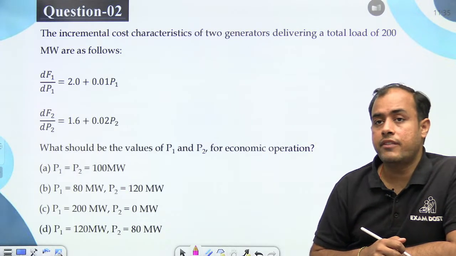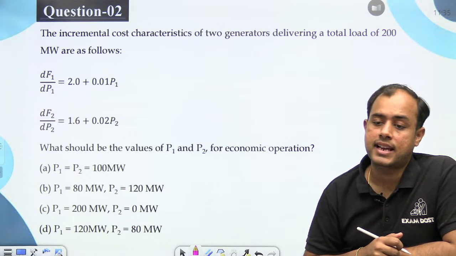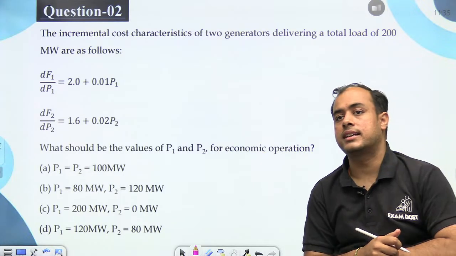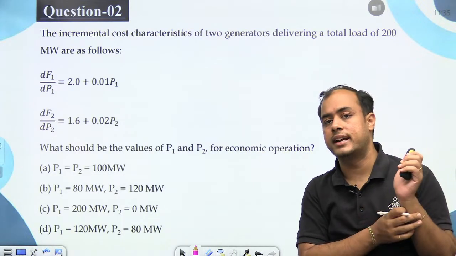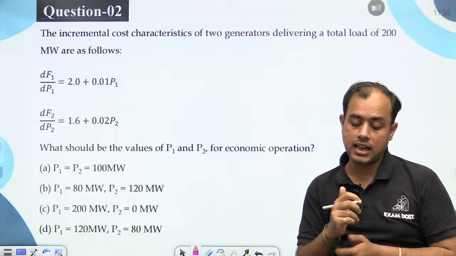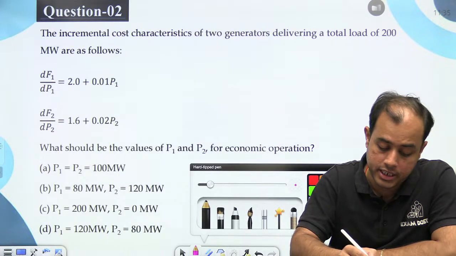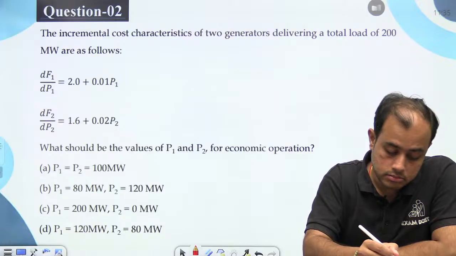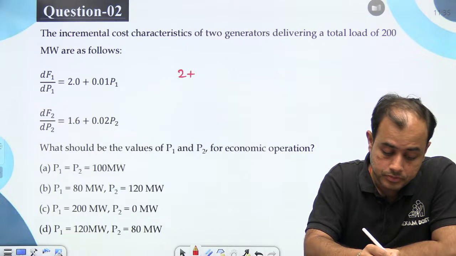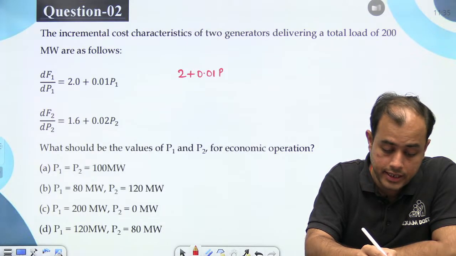ESE 2007. Incremental cost characteristic of two generators delivering a total load of 200 are as follows. What are the values of P1 and P2 for economic operation? So we will equate the incremental costs.